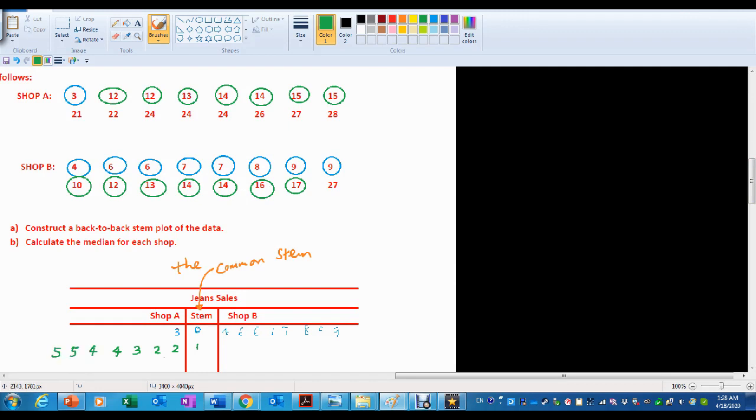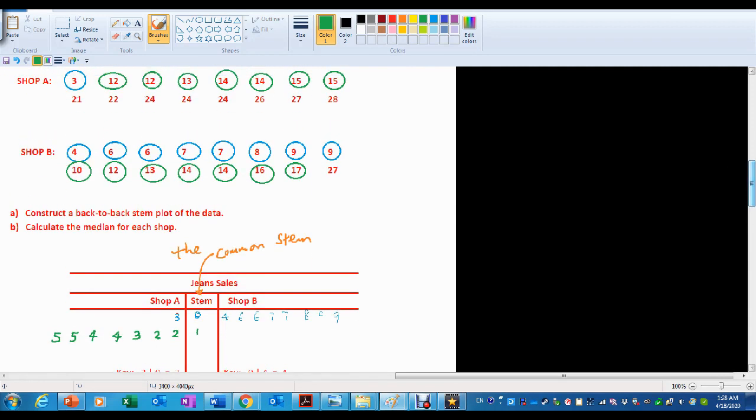So you write from the center to the left hand side, right? And for B, you need to write 10, 12, 13, 14, 16, 17. And for the last bunch of data, that's 21, 22, 24, 26, 27, 28.